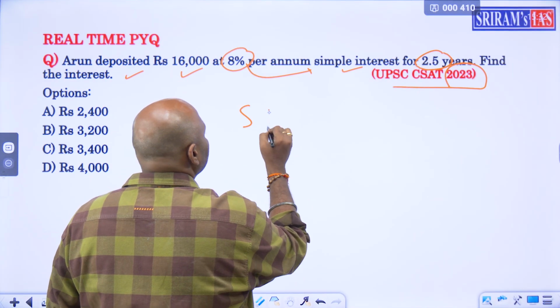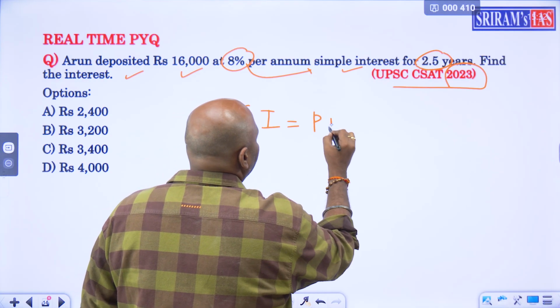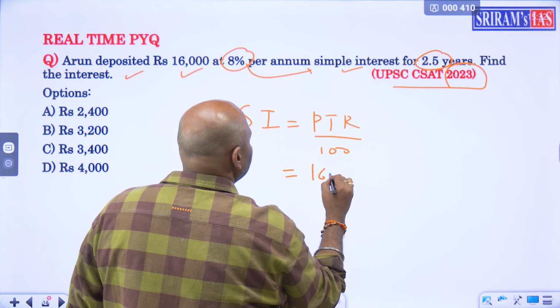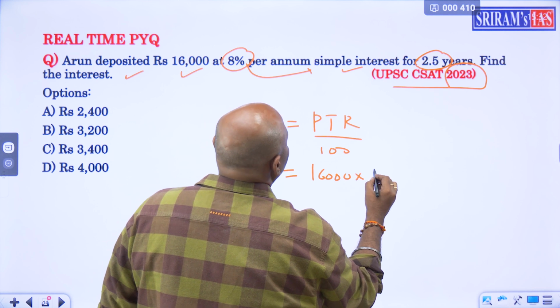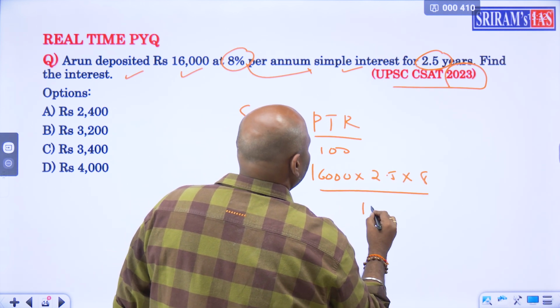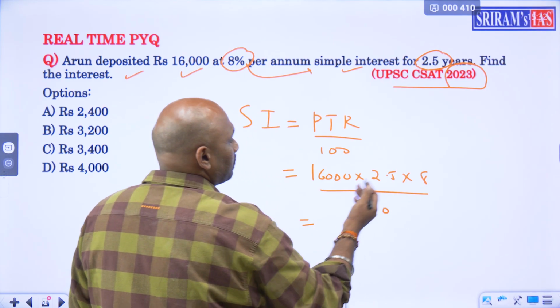So directly I will take simple interest equal to PTR by 100. The principal is 16,000, into time 2.5 years, rate of interest 8 by 100. A simple question.